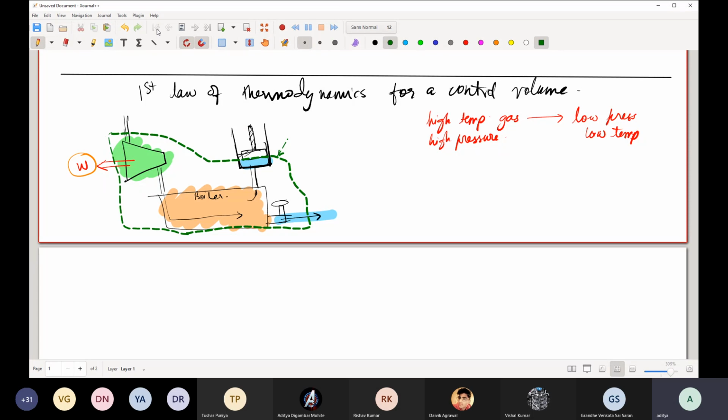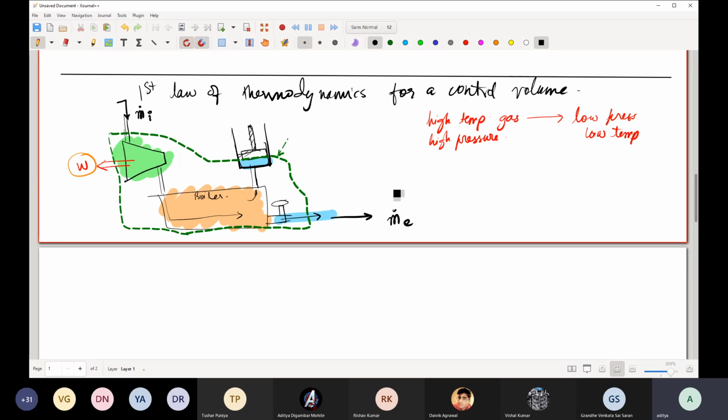Okay, so now let us write down. This is not at all a very difficult concept. It is just writing down the conservation of energy for this. So for the turbine, you have some mass coming in. From the boiler, you have some mass going out. Is there any other place where mass is going in, mass is going out?